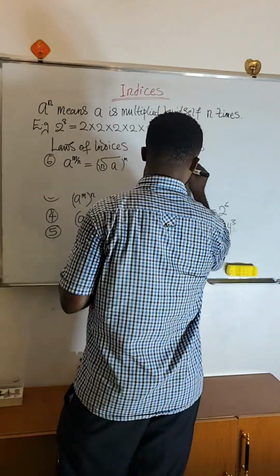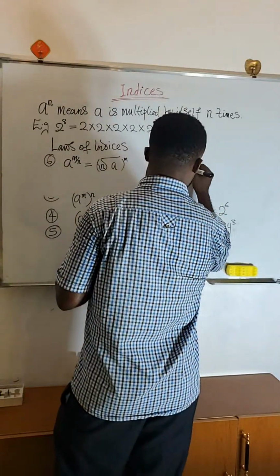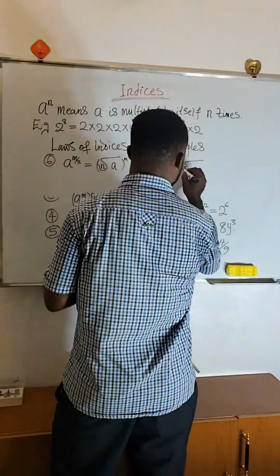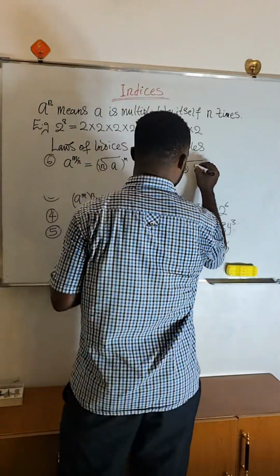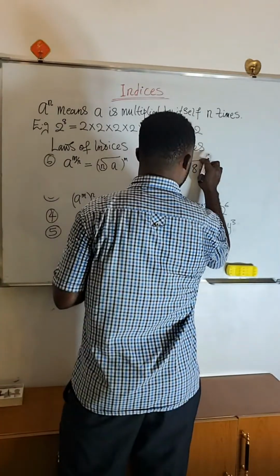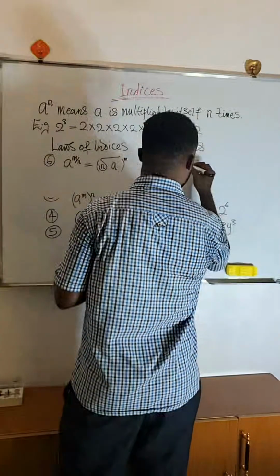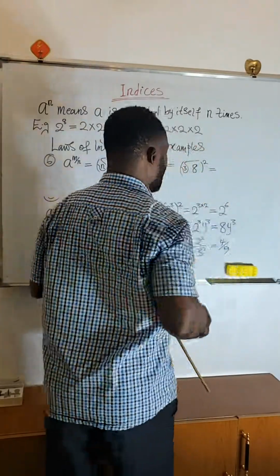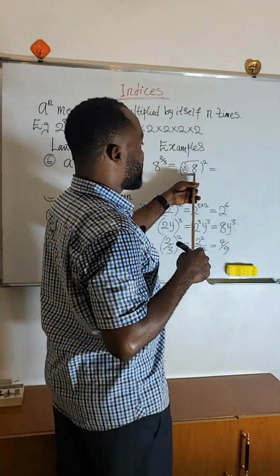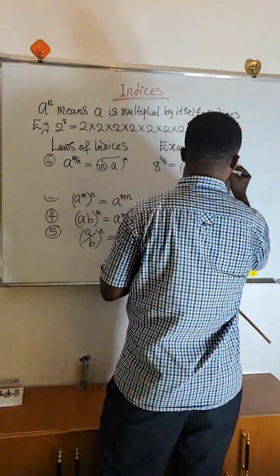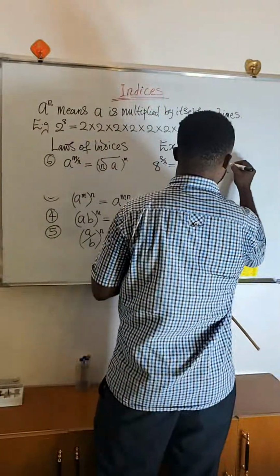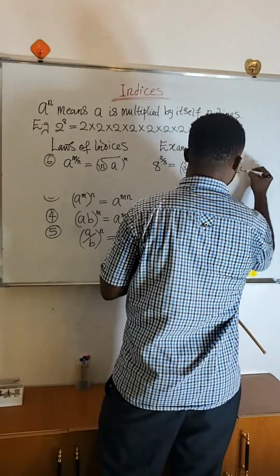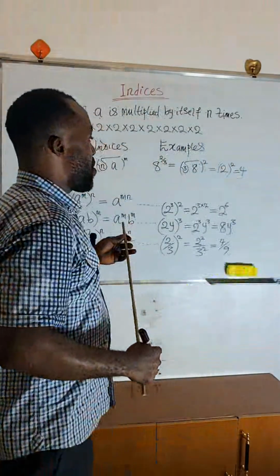This will simply be the cube root of 8, then raised to the power of 2. The cube root of 8 is what? It is 2. And then raised to the power of 2, which will automatically be 4. Alright?